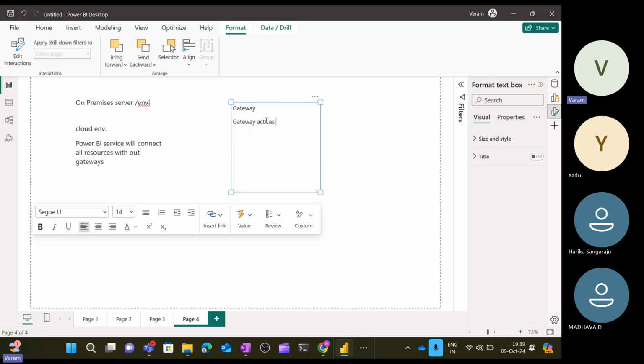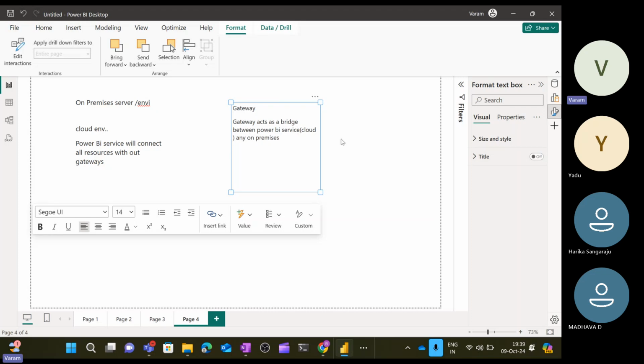Sorry, my bad, it's not a cloud, it's a bridge between Power BI service, which is a cloud, and any on-premises services.